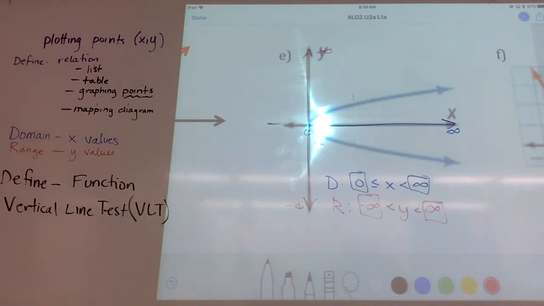All right, I would like you to try the last one. It's a combo problem. It'll have definite numbers and it will have infinities.